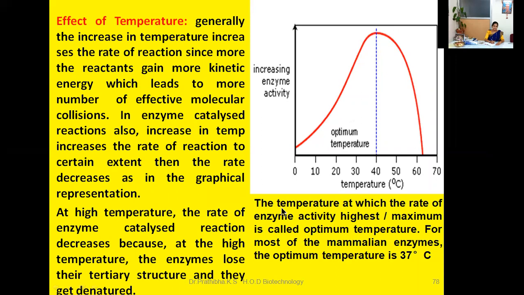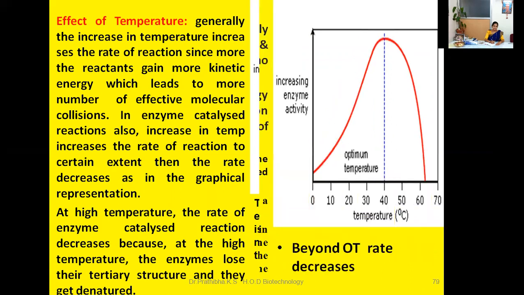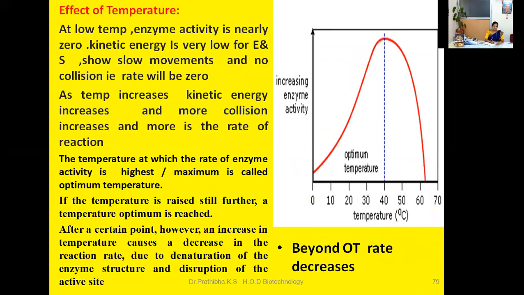I'll repeat: the temperature at which the rate of enzyme activity is highest or maximum is called optimum temperature. For most mammalian enzymes, the optimum temperature is 37 degrees Celsius. At low temperature, enzyme activity is nearly zero.